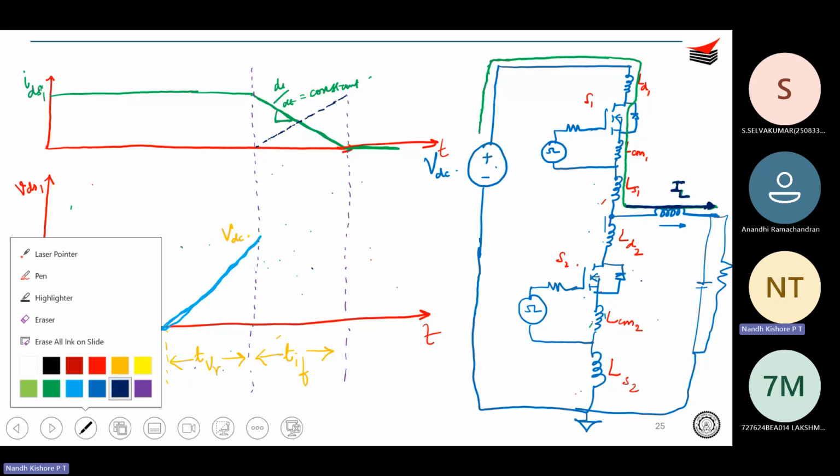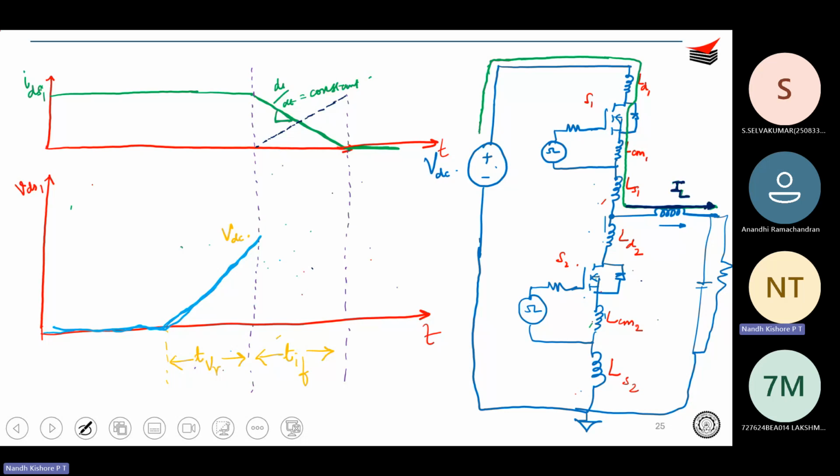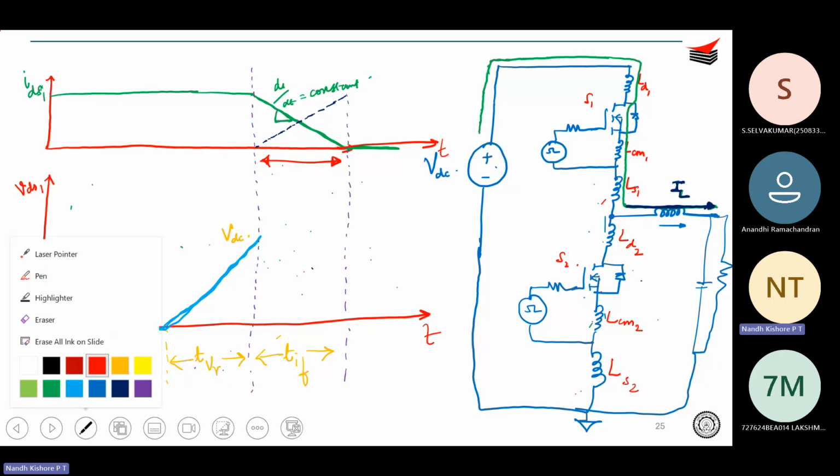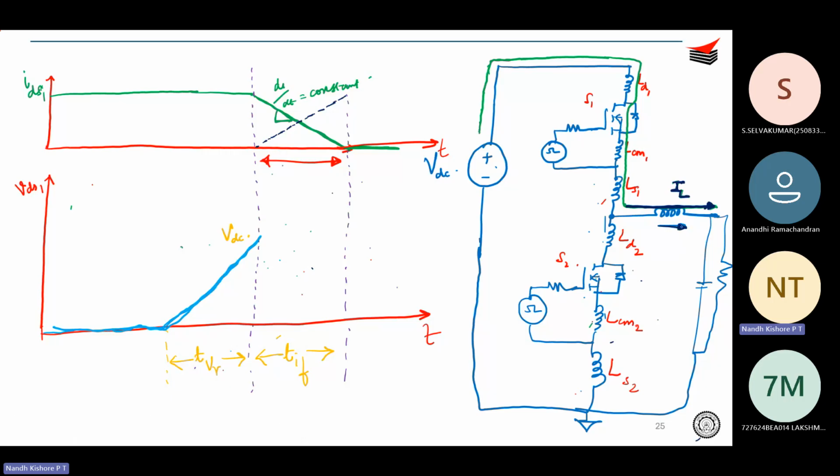Means like, see, in this particular period, right? In this particular period, your IDS1 is decreasing. That is, the top device current is decreasing. As the top device current decreases, what will happen to the bottom device current? Bottom device current should increase because the total current is a constant number, right? This particular current is constant at IL. Okay.